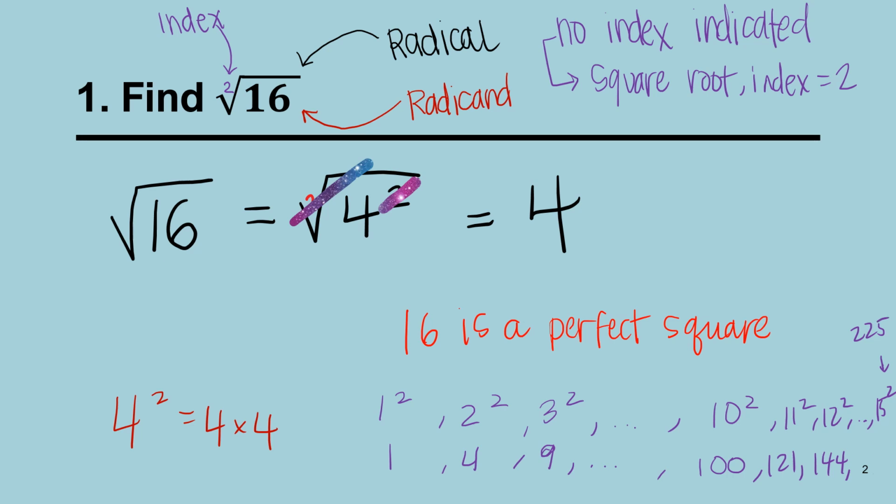Again, if you don't want to have those memorized, just put them on your formula sheet for our next quiz or exam, because it is useful to be able to recognize those perfect squares.